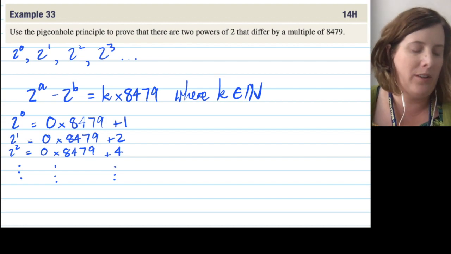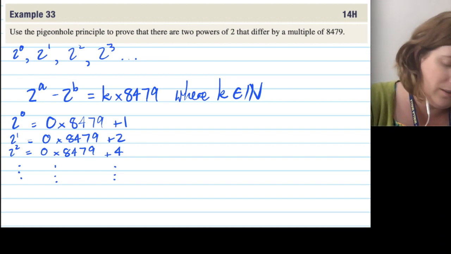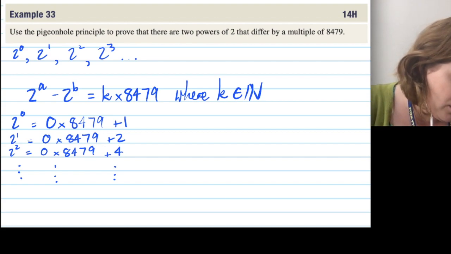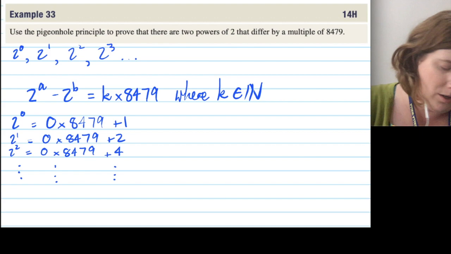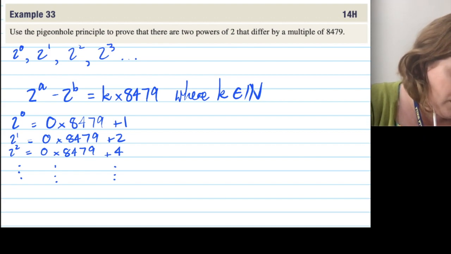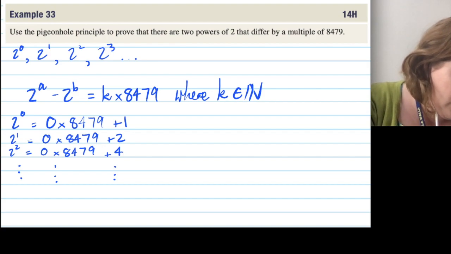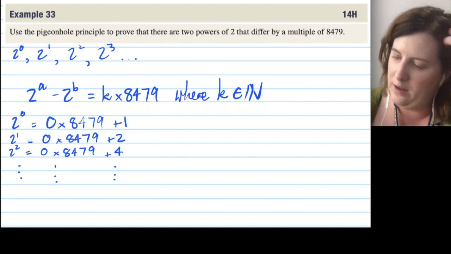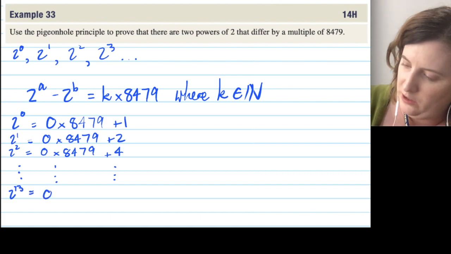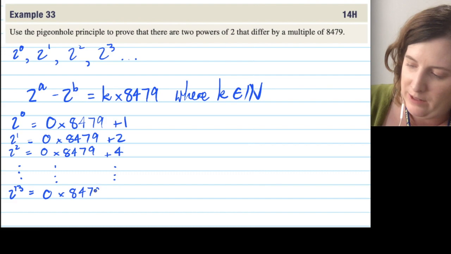Once you get to 2 to the 11, I think. No, 2 to the 15. If I had 2 to the 13, then that's still smaller, 8,479 plus 8,192.